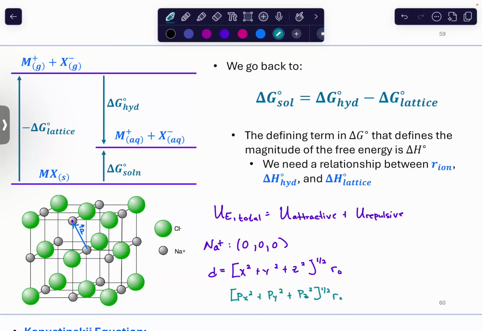So you have a position vector going from the central atom to all these other atoms, and you need the actual magnitude of that distance as a function of R, multiplied by R0 to give you the separation of these ions. So it's just the exact distance from the central atom. Yes, we're working in a three-dimensional environment.